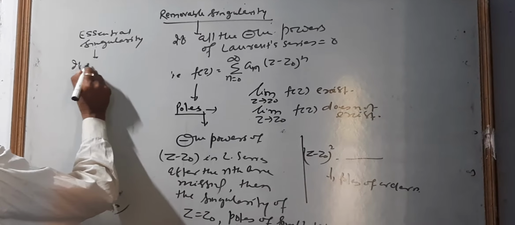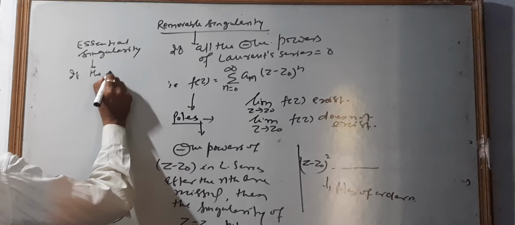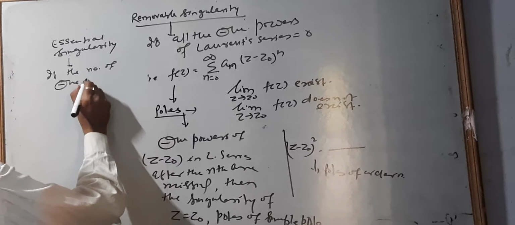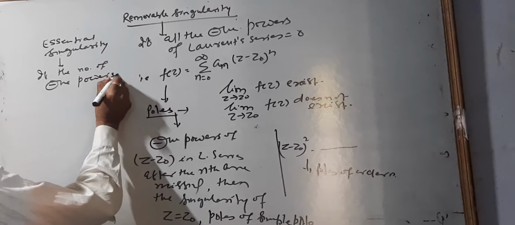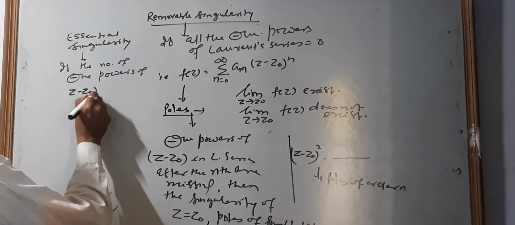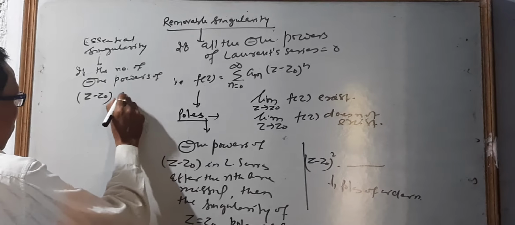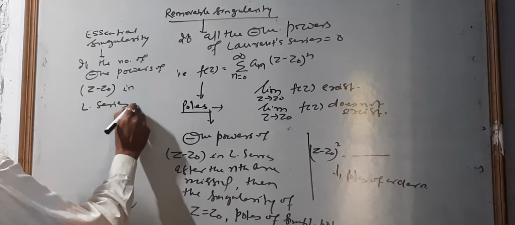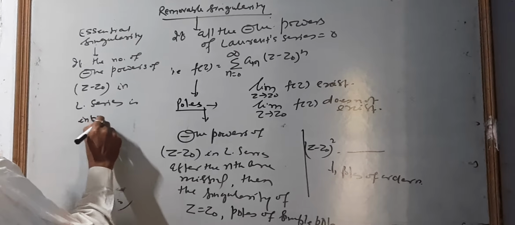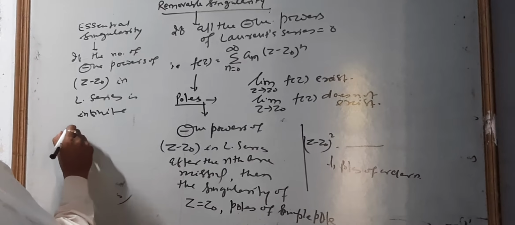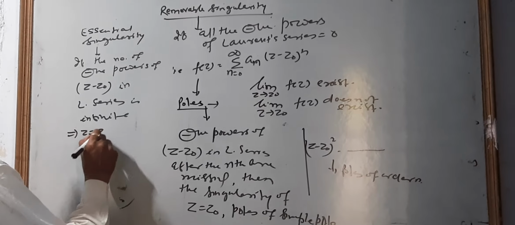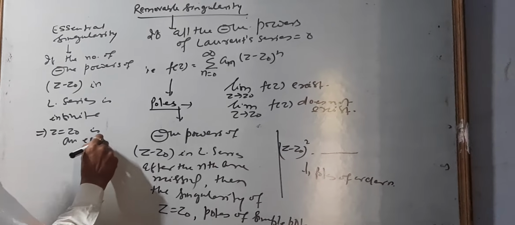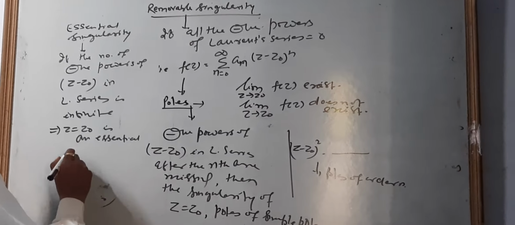If the number of negative powers of z minus z0 in Laurent series is infinite, this implies z equal to z naught is an essential singularity.